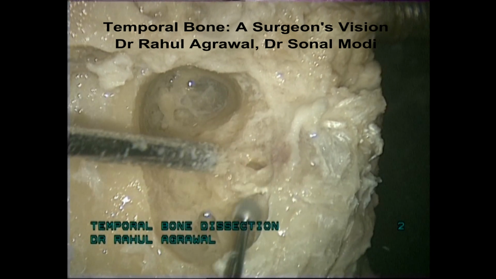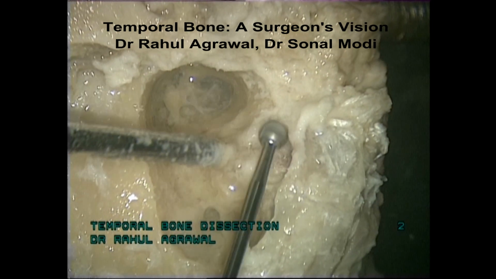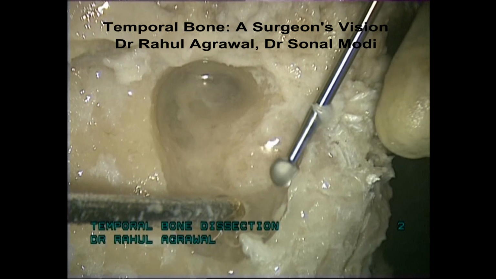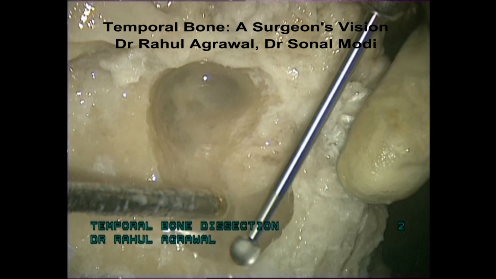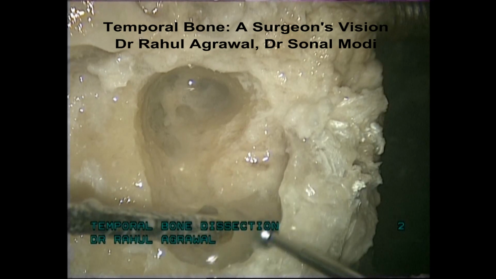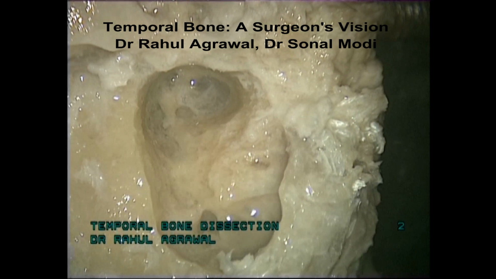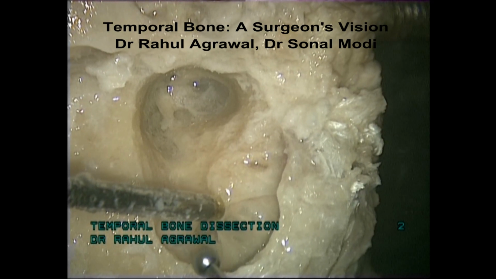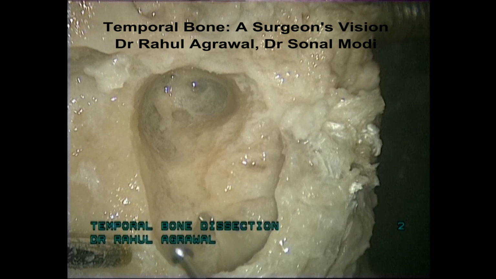Follow the cells and remove all the cells in dissection and preserve a thin plate of bone over the underlying important structures such as sigmoid sinus, middle fossa dura, digastric ridge, fallopian canal, and so on. Now your basic concepts of cortical dissection will also apply as we are in the mastoid cavity.